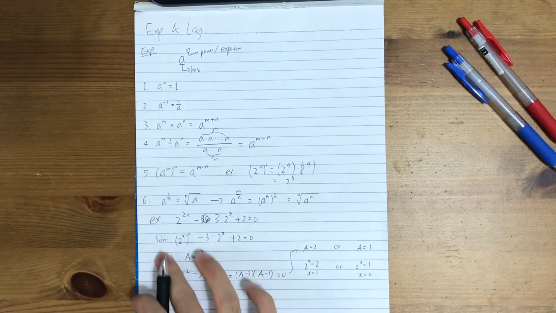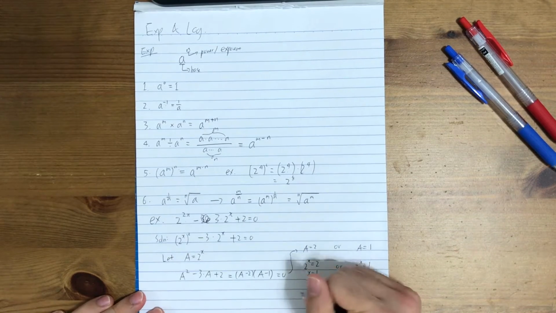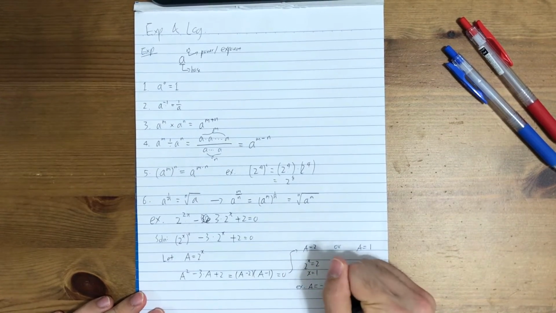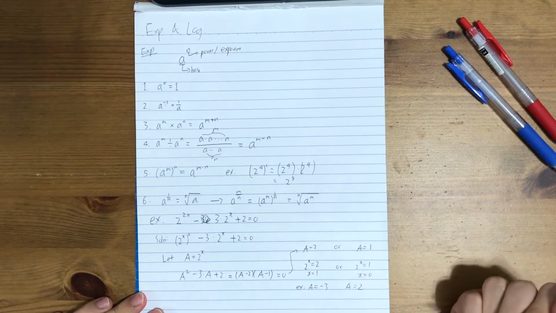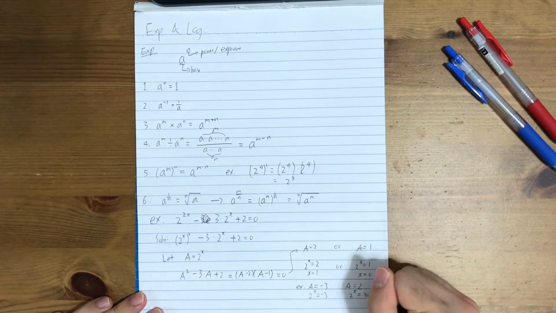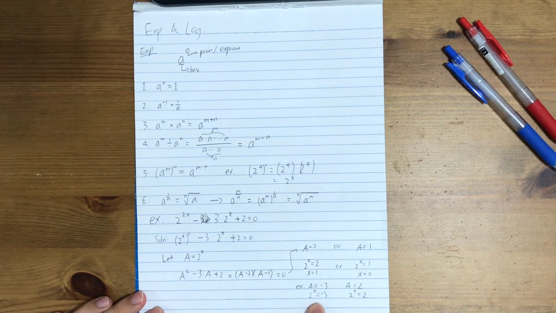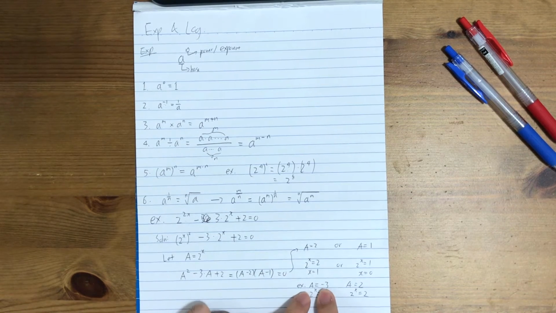Another example with something like this: let's say a is -3 and a is 2, right? Then 2 to the x equals -3 and 2 to the x equals 2. Do you think this makes sense? The base is 2. Then no matter what the power is, what does this mean?